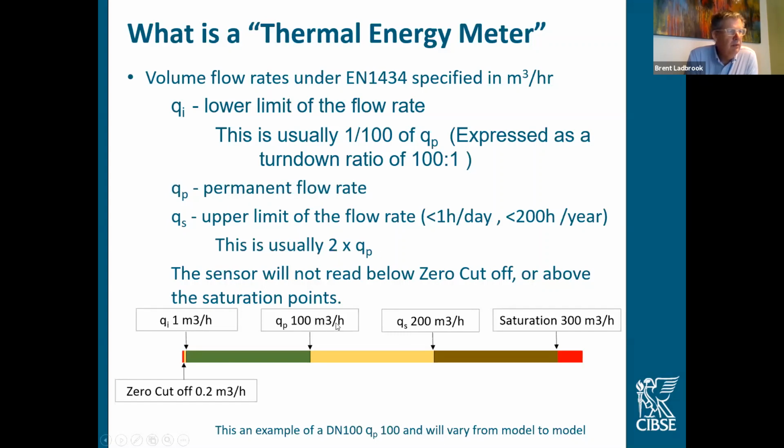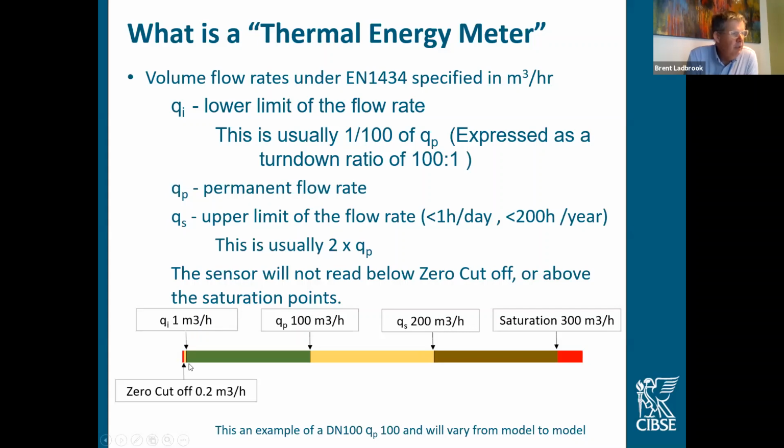So typically we want to operate our sensor between 1 cubic meter per hour and 200 cubic meters per hour. Under the standards in Europe, not that they apply here, we could operate it over our 200, but we have some maximums. And this flow sensor won't read any flows over 300 cubic meters per hour.